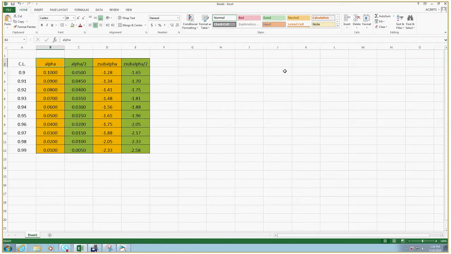So 50% confidence level would be 50% alpha. 0.65 confidence level would be, alpha would be 0.35. And look, how many digits are these? So what does that mean? That they are area. That's the area part of your table.